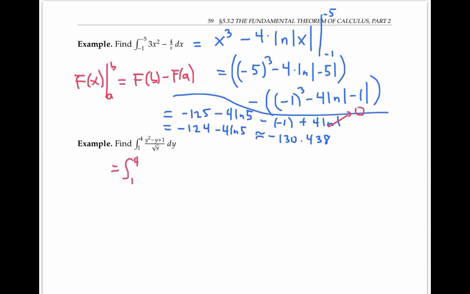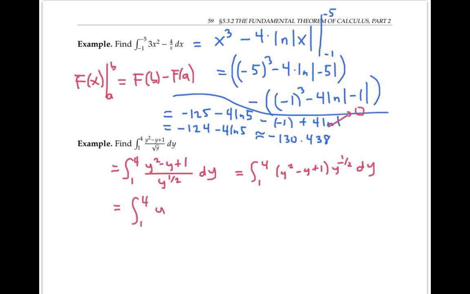So I'm going to rewrite the denominator as y to the 1/2 power, and dividing by y to the 1/2 is the same thing as multiplying by y to the negative 1/2. Distributing and adding exponents, I get y to the 3/2 minus y to the 1/2 plus y to the negative 1/2.